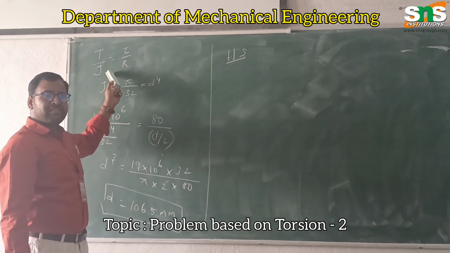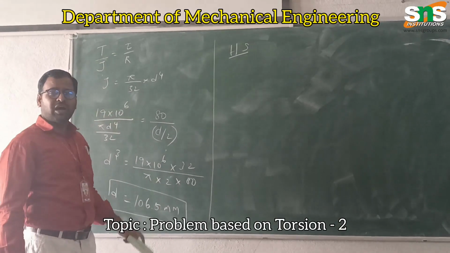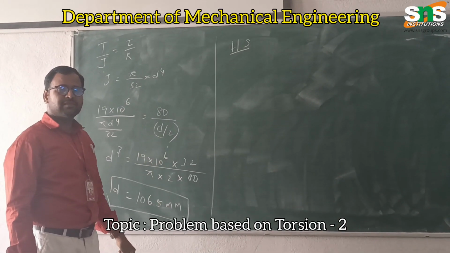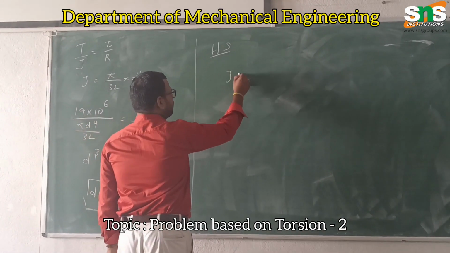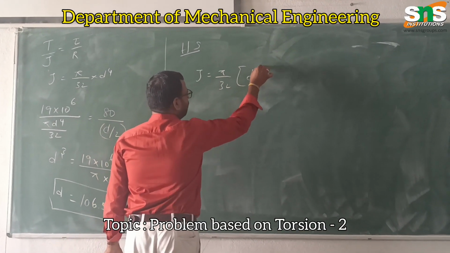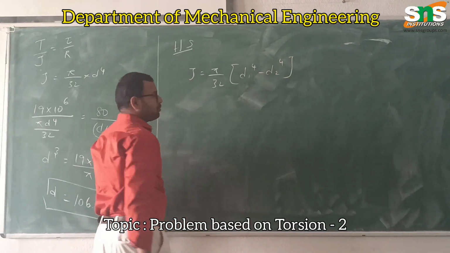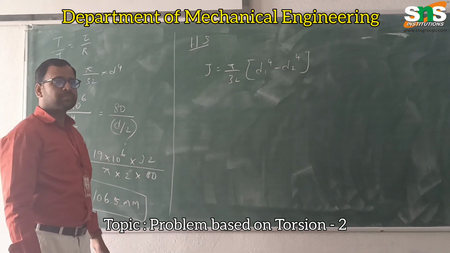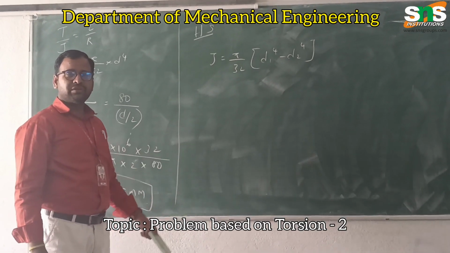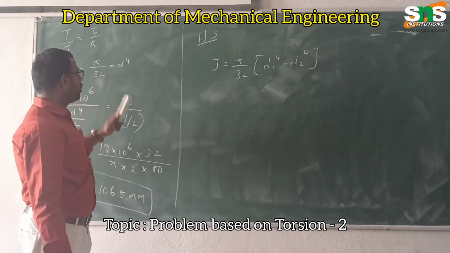The same equation you can apply for this. Instead of the polar moment of inertia, what value changes? J is equal to pi by 32 into d1 power 4 minus d2 power 4. This is the formula. Could you check it? Now you apply the same concept.